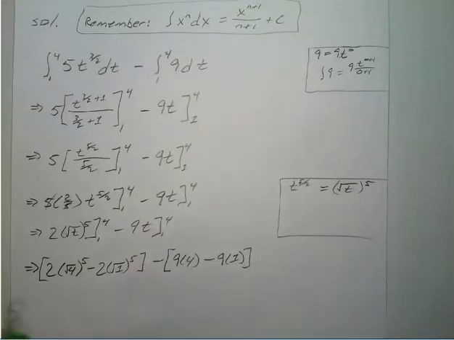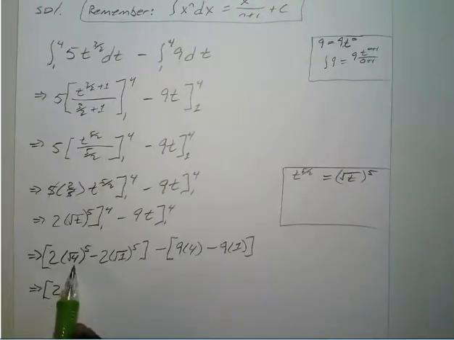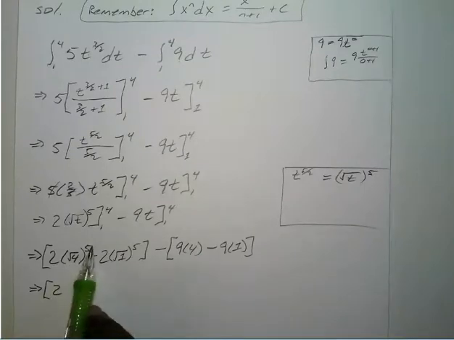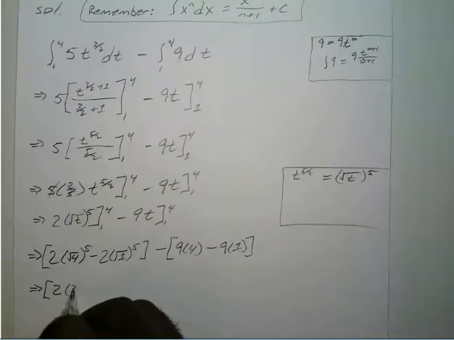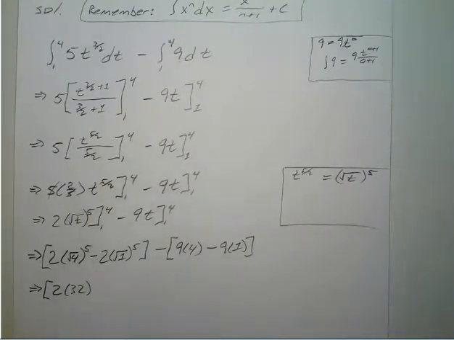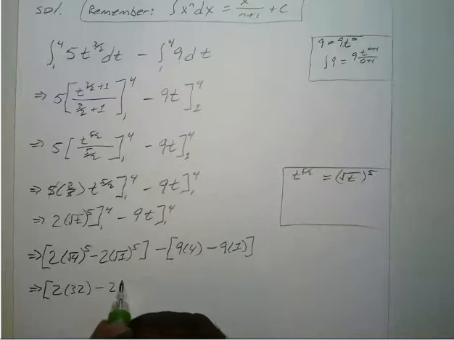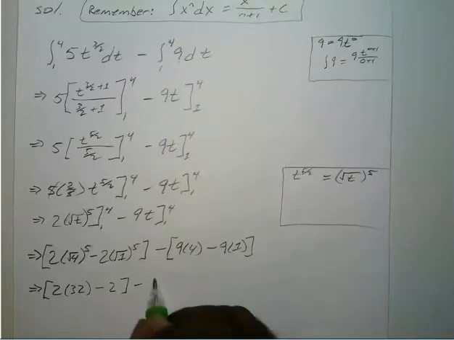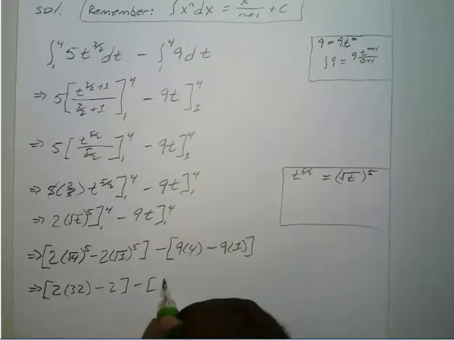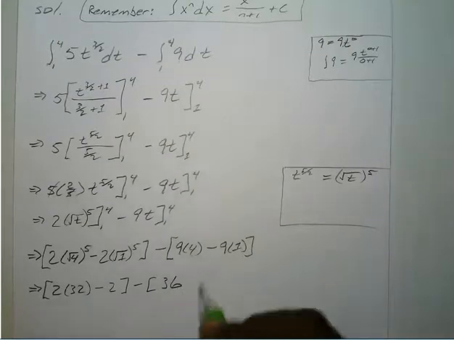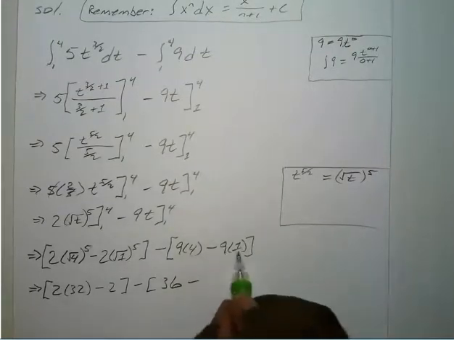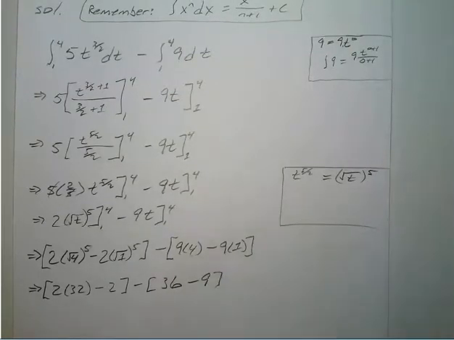Okay, so if we go ahead and simplify these, square root of 4 is 2, 2 to the 5th power is 32, so you have 2 times 32, minus, square root of 1 is 1, 1 to the 5th power is just 1, so that's just 2 times 1. 9 times 4 is 36, minus 9 times 1, which is just 9.